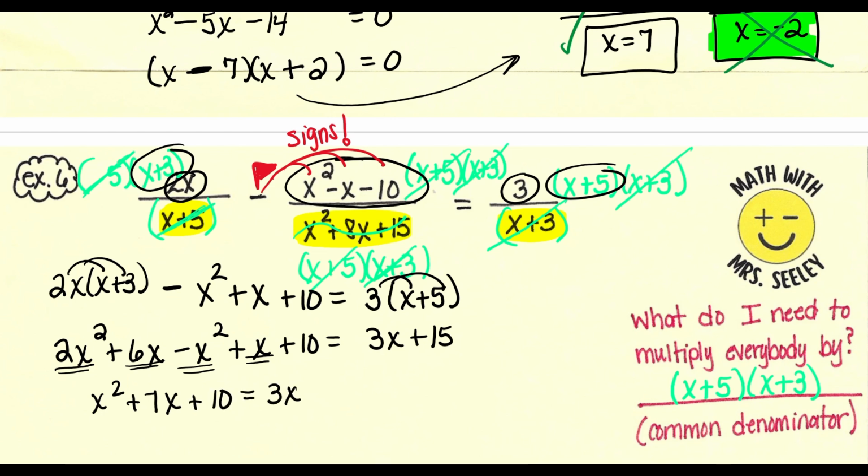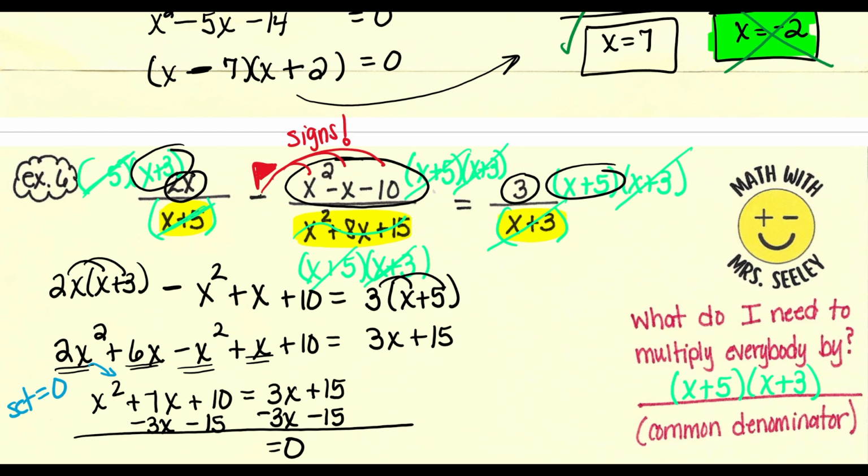Over here, your like terms are already together. Remember what we said a second ago. When you have a quadratic, you have to set it equal to 0 and try to factor. So subtract 3x, come over here and find his friends. Subtract 15, come over here and find his friends. So I have 0 here.